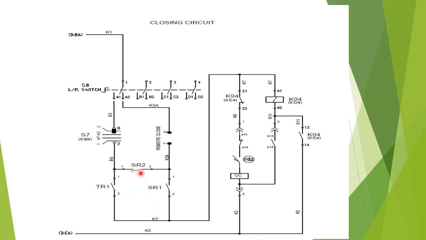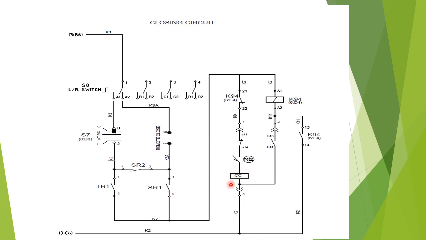SR1 and SR2 are the two contacts of the limit switch of the VCB under service position. When the VCB is in service position, this limit switch contact will change its position and come to NC position from NO contact. These are shown in NO position under de-energized condition.